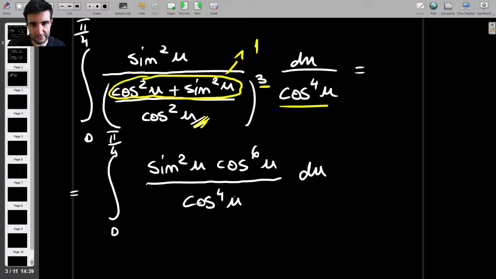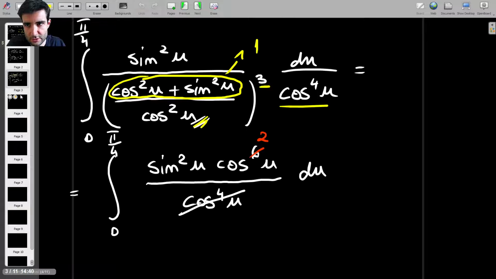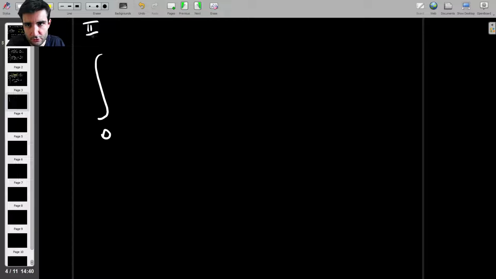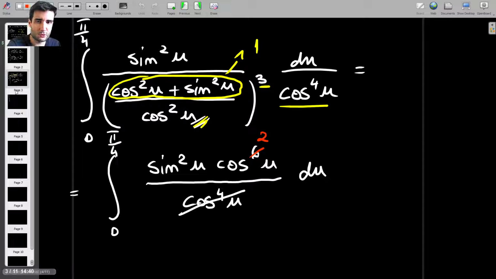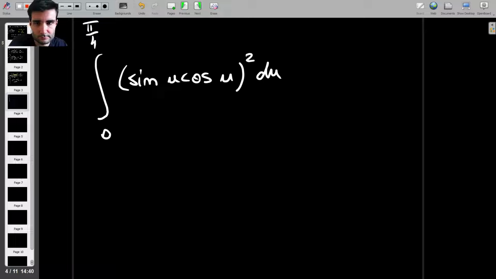Now we have another cancellation, and we end up with a 2 here. So our integral simplifies to the integral from 0 to pi over 4 of sine squared of u times cosine squared of u, but I'll write this as sine u cos u squared times du.